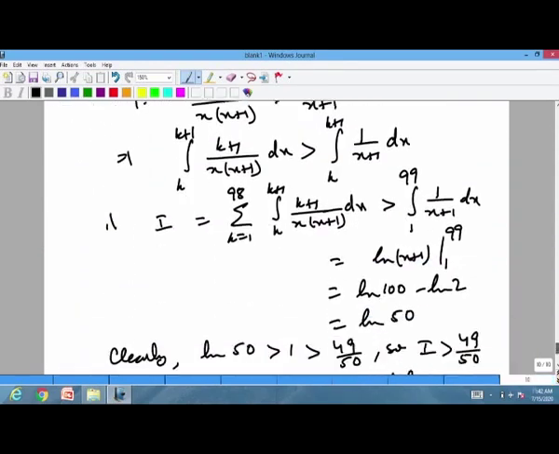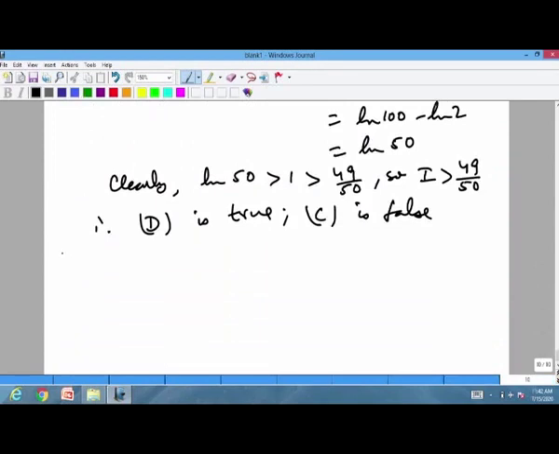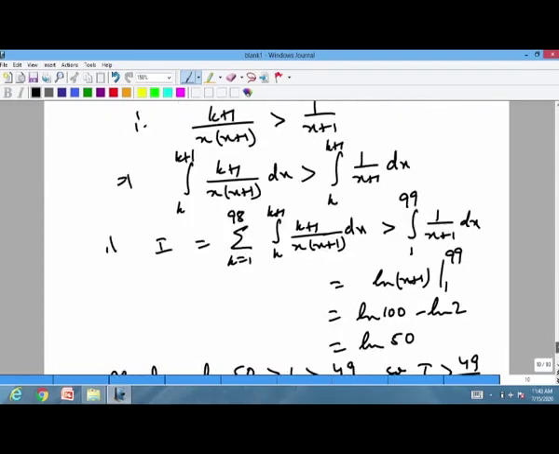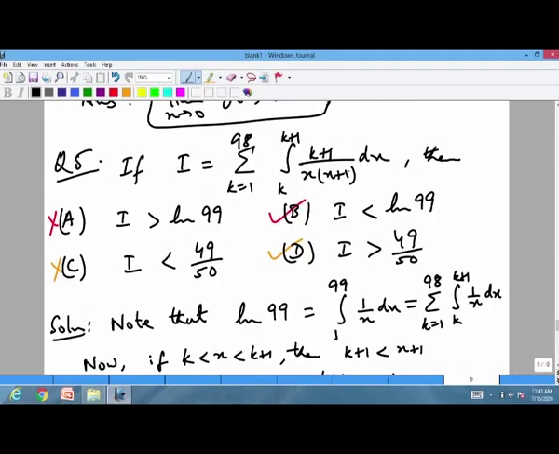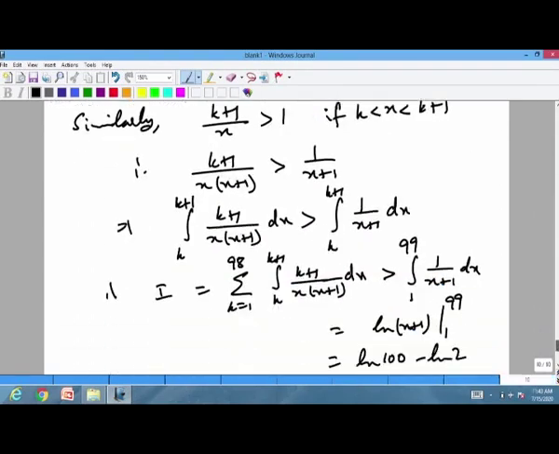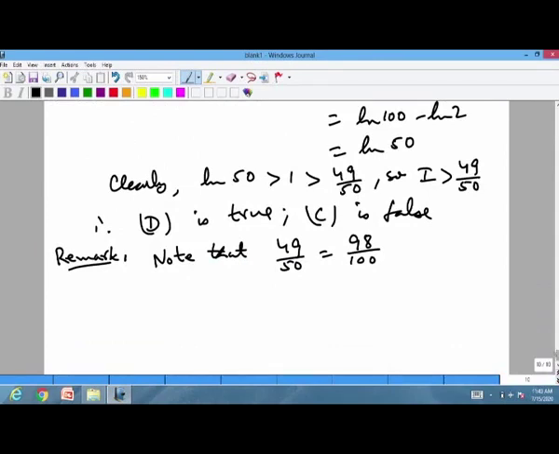So, let me write here remark. Note that this 49/50 is equal to 98/100. So, if we can show that each integral is bigger than 1/100, then the summation will be bigger than 98/100.